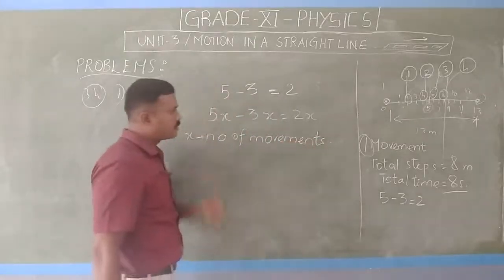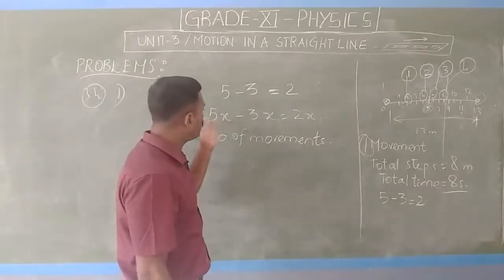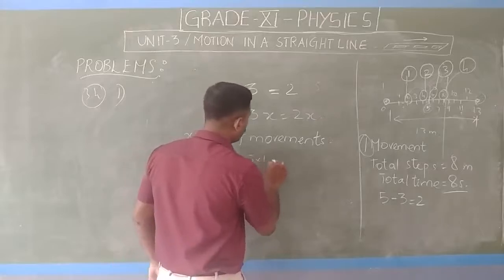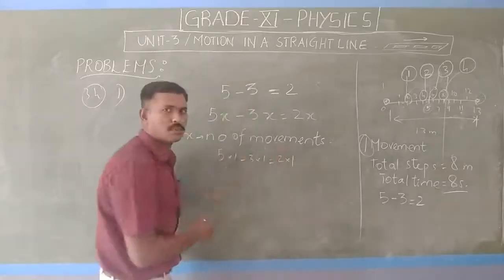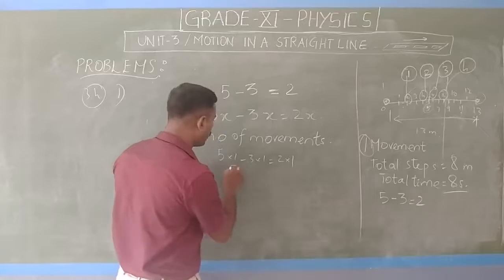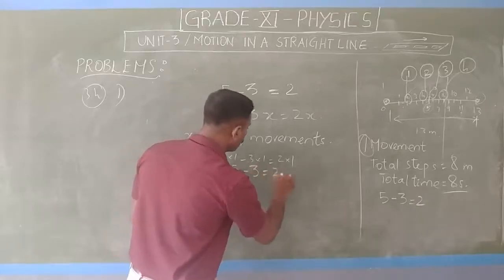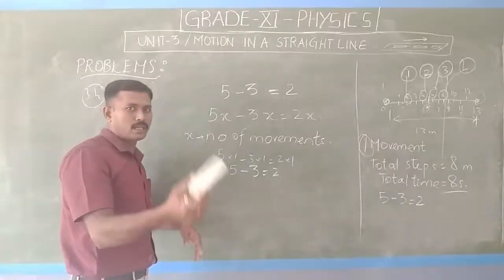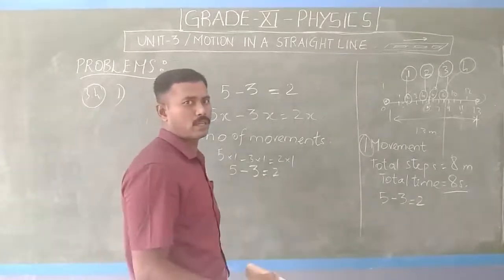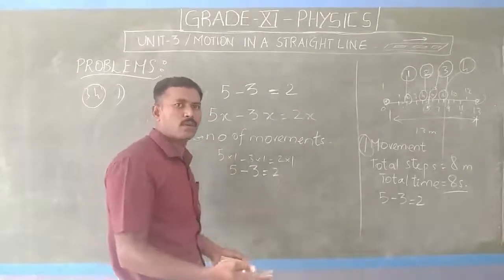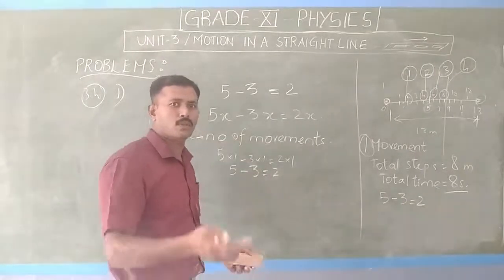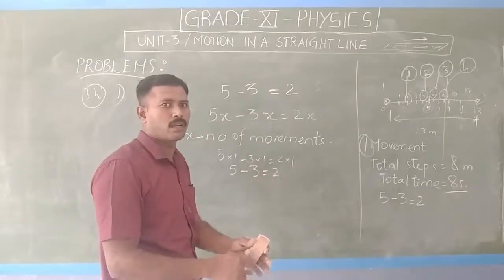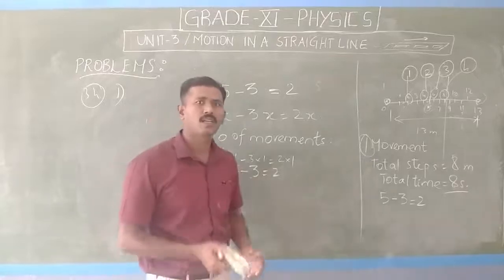Initially I know if x is 1, 5 into 1 minus 3 into 1 equal to 2 into 1. The statement is obviously correct. That is 5 into 1 is 5 minus 3 is 2. Let's try for some numbers more than 2 or 3. There is no need of going through 1, 2, 3, 4, 5, because if you give the next number, there will not be so much change in the result.